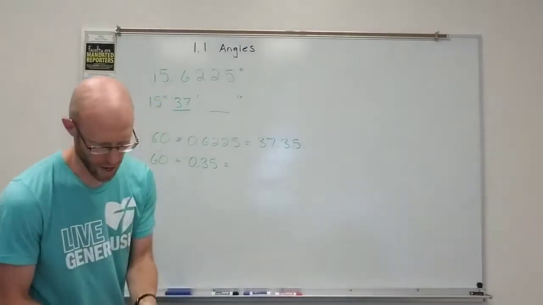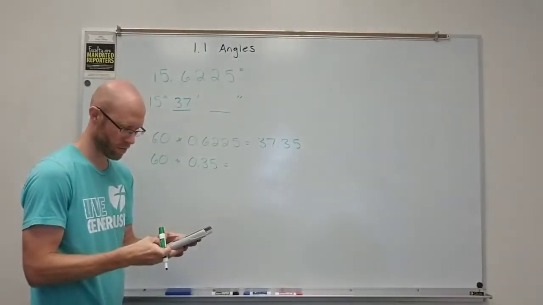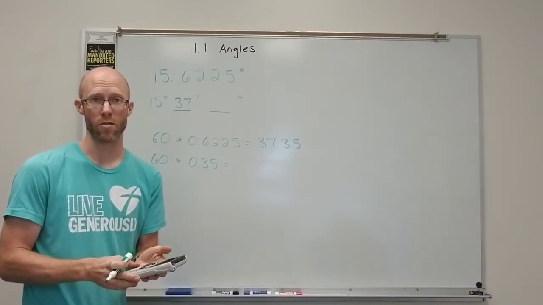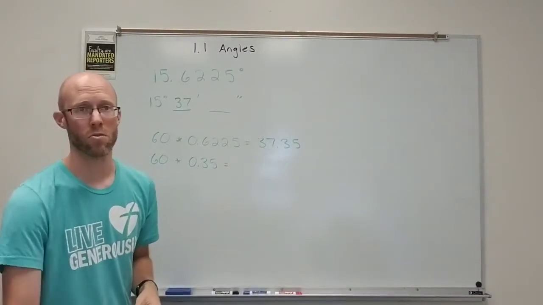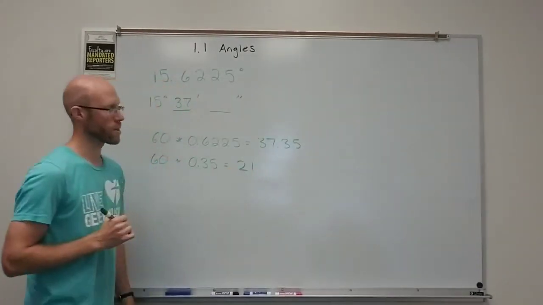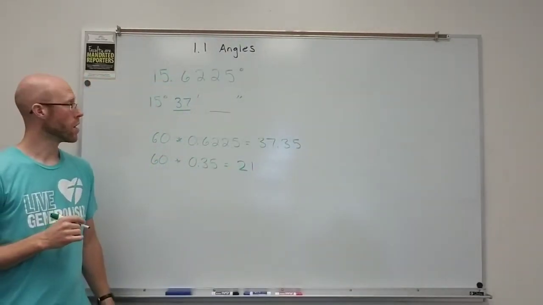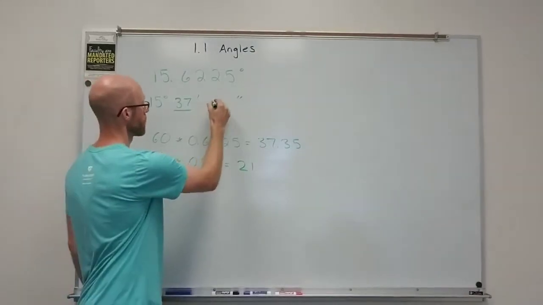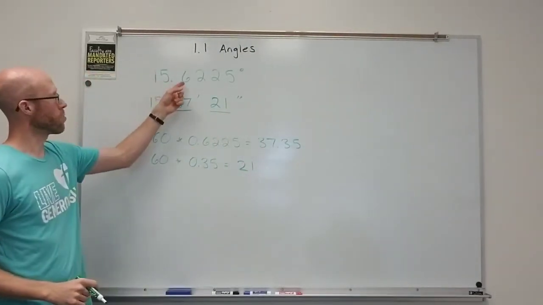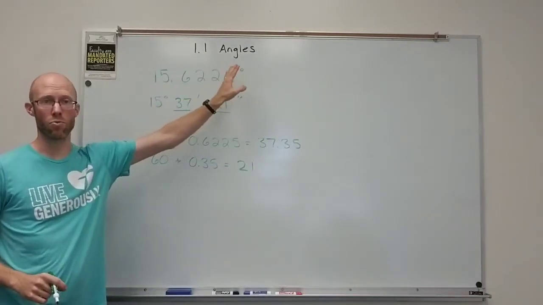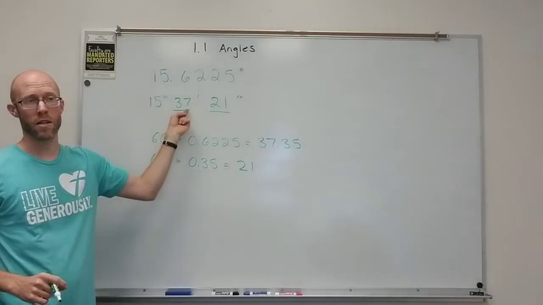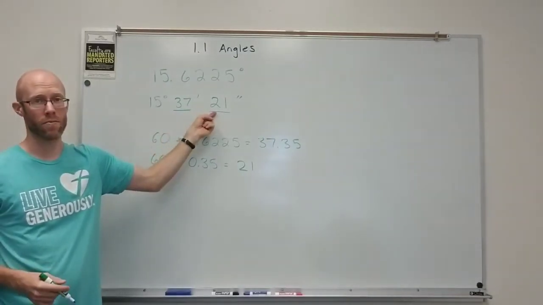And when I do that, 60 times 0.35, we're going to get 21. Okay, so you guys can follow along with your calculators too and just check and make sure I do these right. So that's going to be 21 seconds. All right, so 15.6225 degrees is equivalent to 15 degrees, 37 minutes, and 21 seconds.